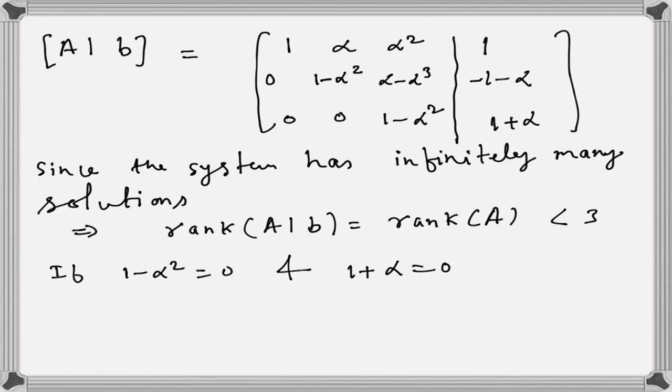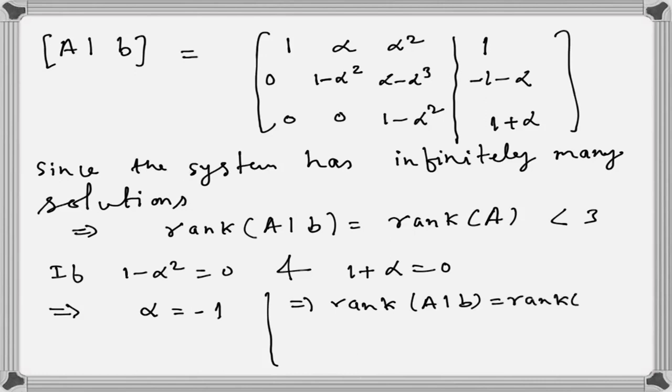So together these conditions imply that alpha value is minus 1. Okay, and at this value, rank of A augmented B is equal to rank of A is equal to 2, less than 3.